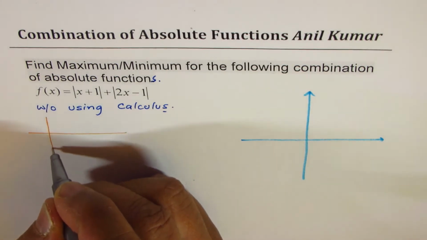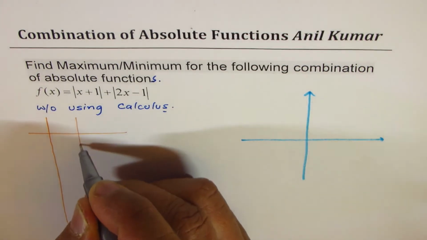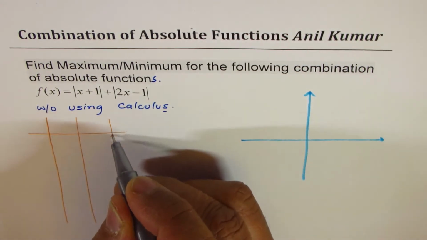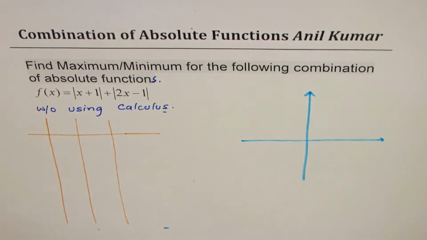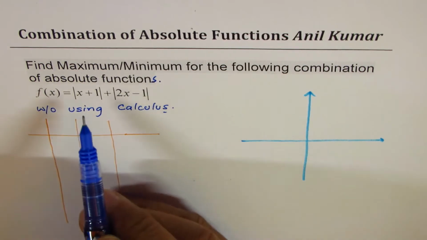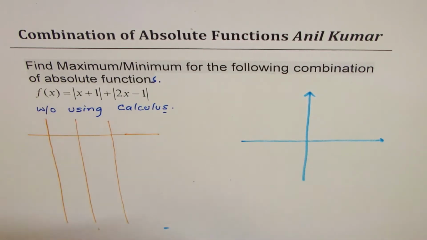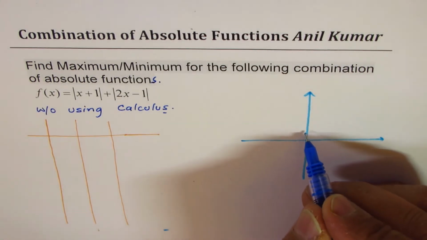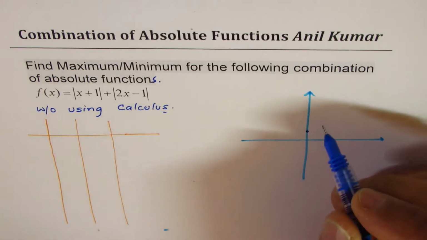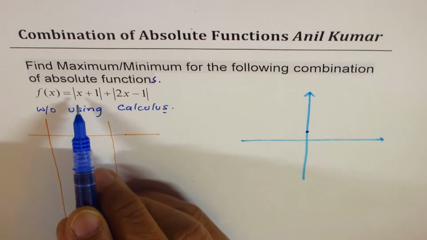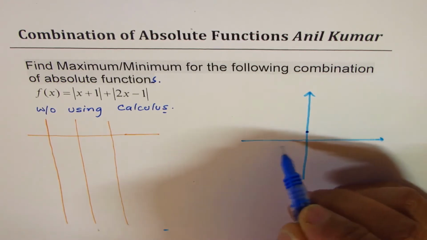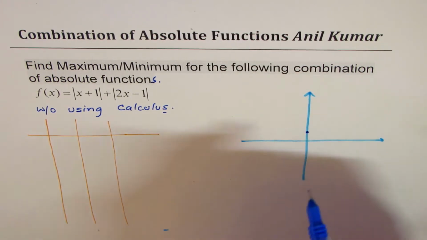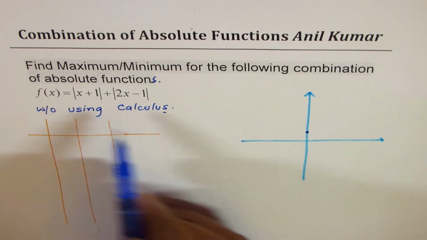So what we will do here is make a table of values and then see what we get. |x + 1| is an absolute function which starts from here. If x is 0, it is 1, and as we increase on both sides, it grows.